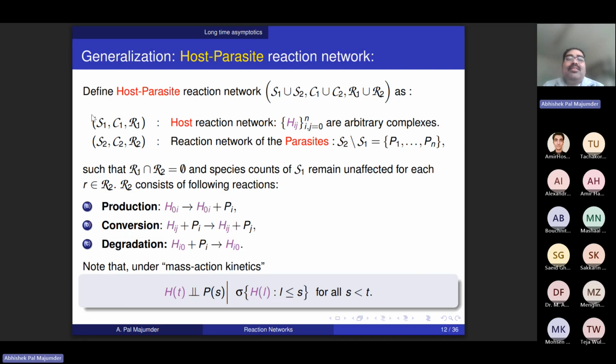Under mass action kinetics, the property that comes from the structure of these host parasitic reactions, infused in this causal type of structure, is that all host species counts at time t are independent of the protein species or the parasite species at time s, conditioned on the whole history of the host dynamics before time point s, for all s less than t.